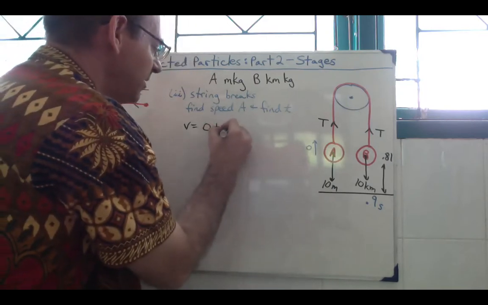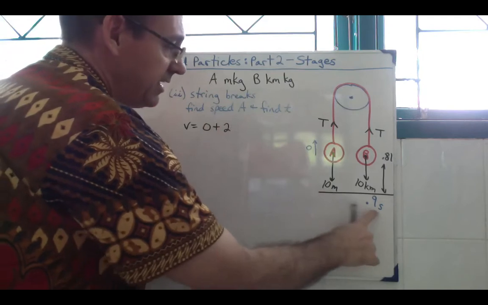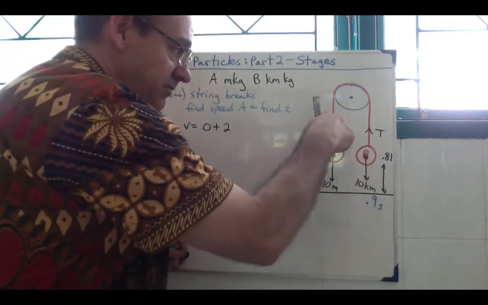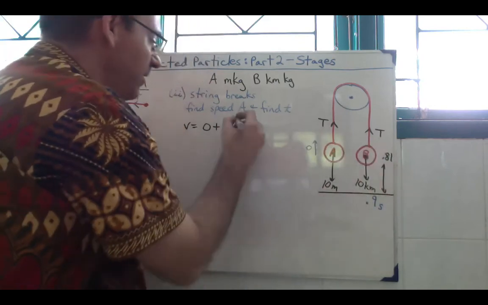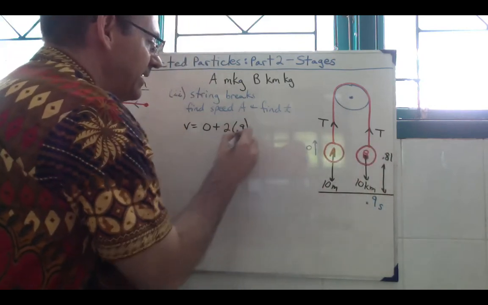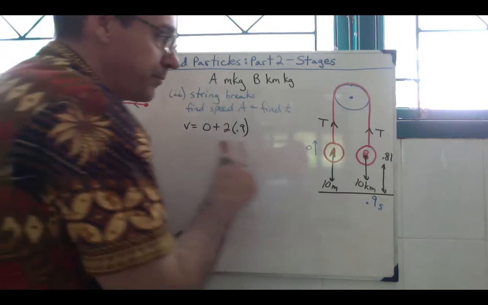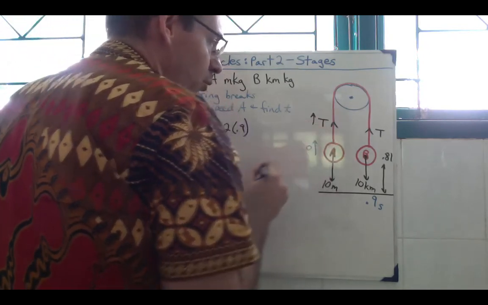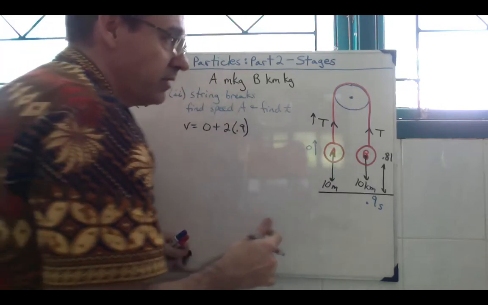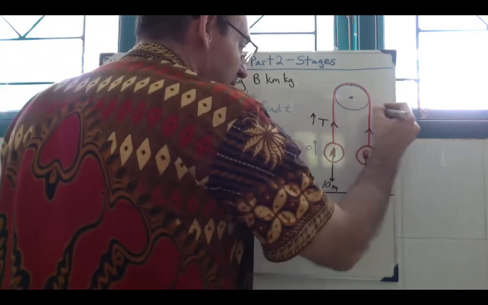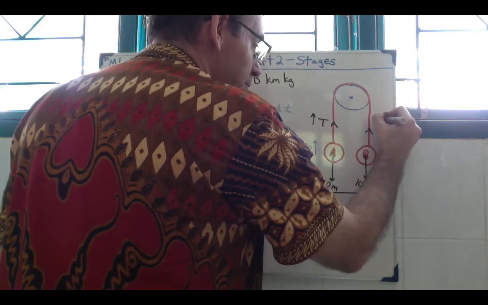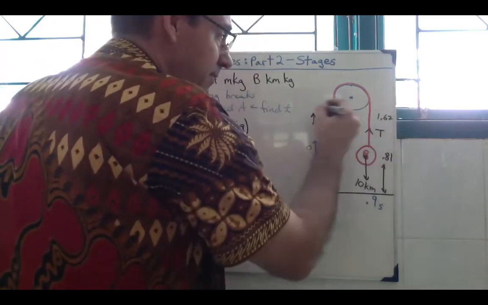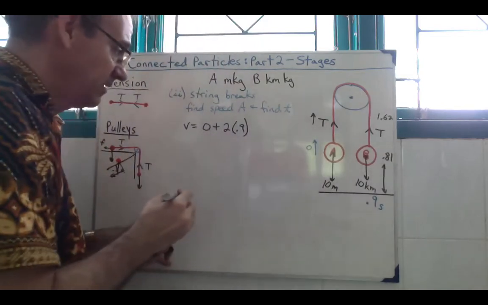So plus 2 times t, and our time that it takes for A to go up and B to go down is 0.9. So what we're looking for is the velocity up here when the string broke, and this will be at a point 1.62, twice the 0.81. That will be the height that we're at.